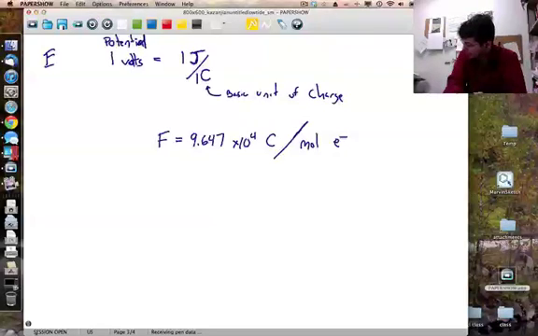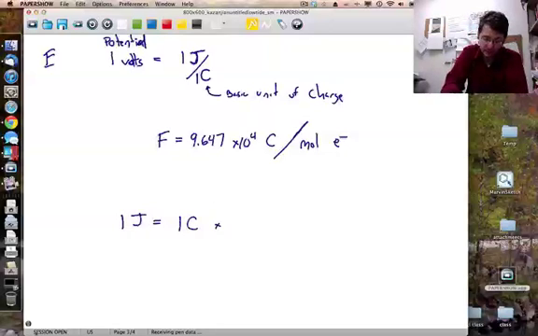Now, it turns out that sometimes it's more useful for us to think about it in terms of another definition: 1 joule would equal 1 coulomb times 1 volt. 1 coulomb delivered at 1 volt would take a joule of energy.